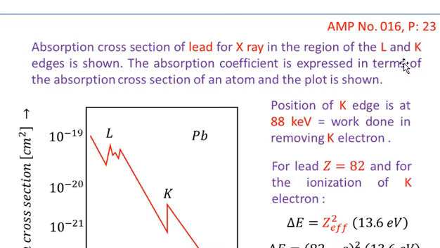And you know that when I am talking about L and K edges, it means that the energy of the electrons is such that it can ionize electrons from the L shell and also from the K shell, depending upon the energy of the electron. The absorption coefficient is expressed in terms of the absorption cross-section of an atom, and the plot is shown.